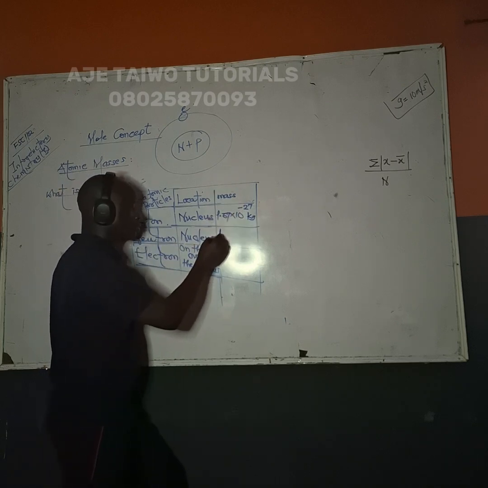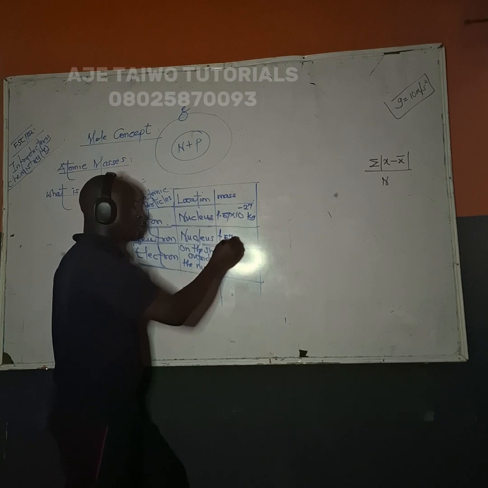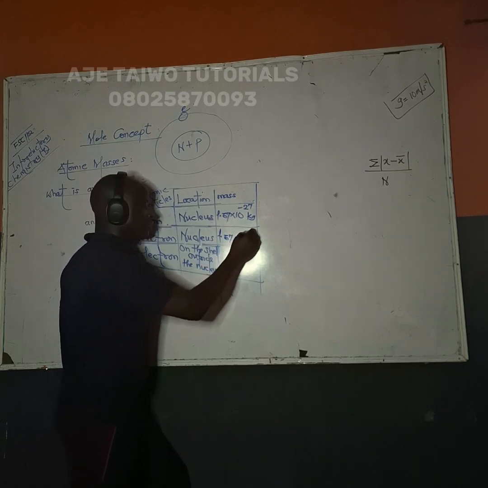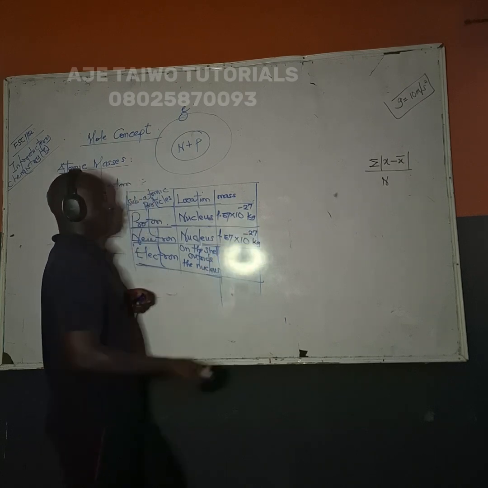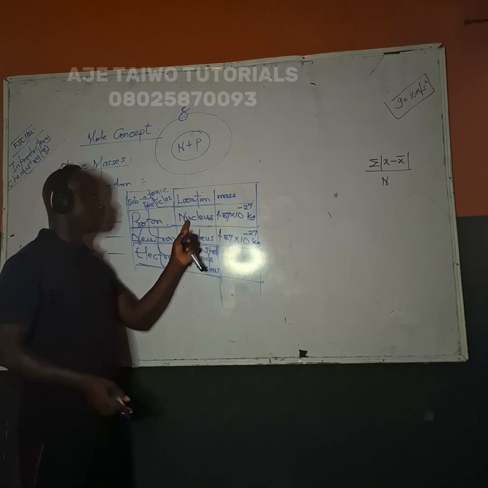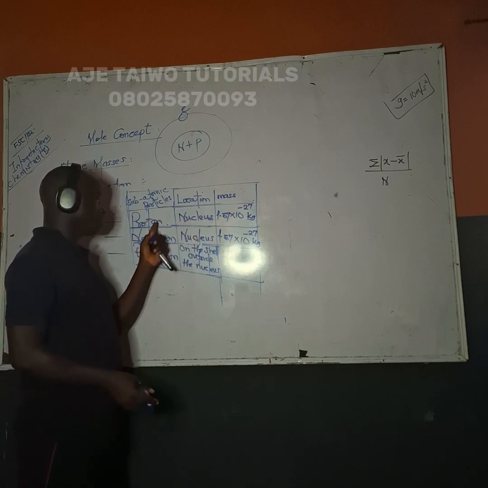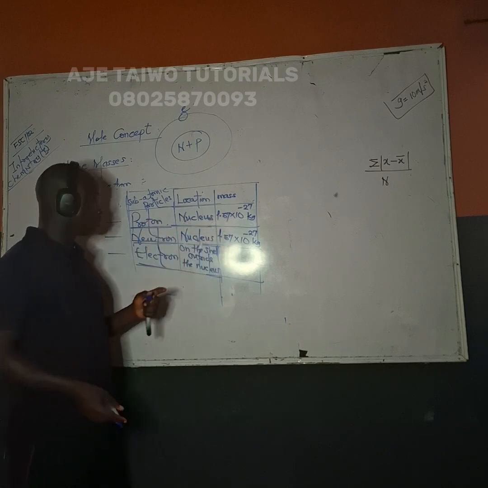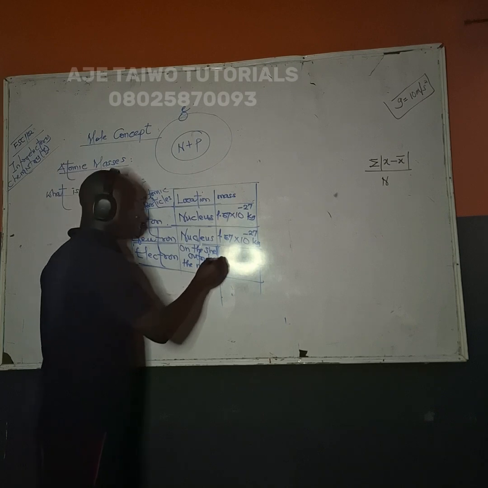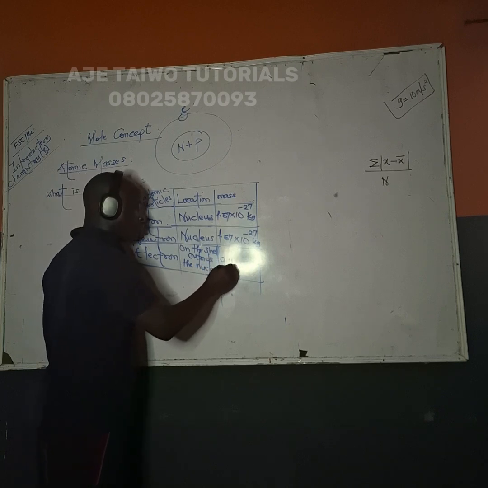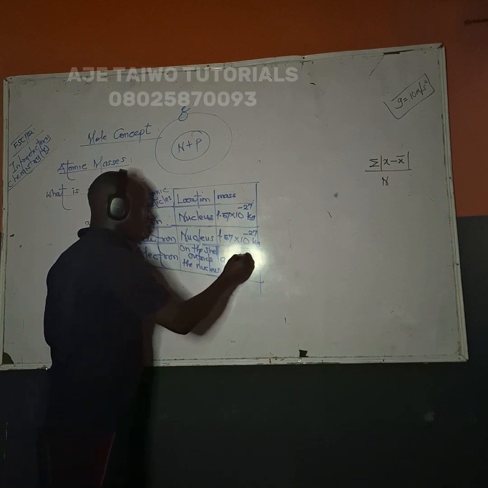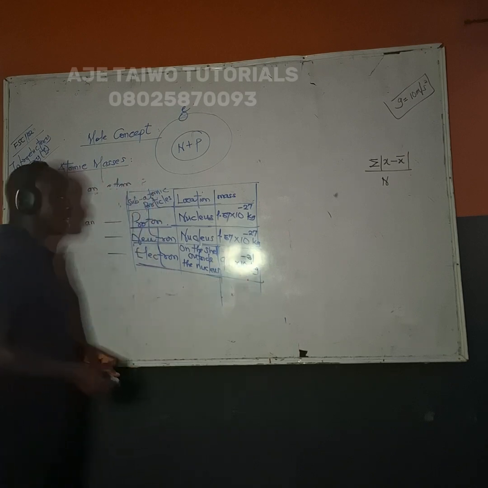Neutron and proton have the same mass, 1.67 times 10 to the minus 27 kilograms. What's the mass of electron? Mass of electron is 9.11 times 10 raised to the power minus 31 kilograms. These are their masses.